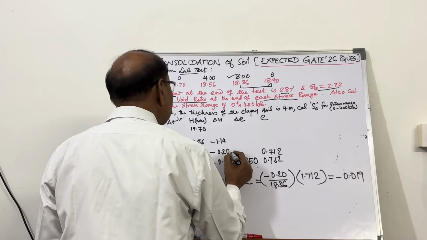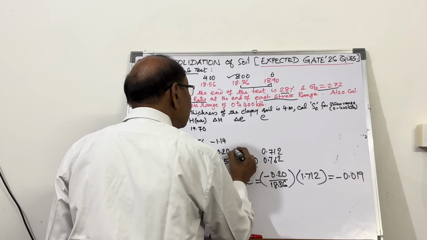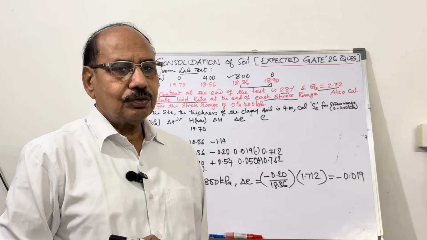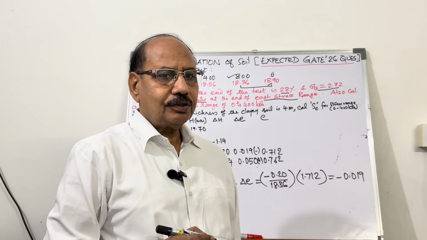So this becomes 0.019, and this is negative. This is positive. So delta E has been calculated. Similarly, you can calculate it for other pressure range.